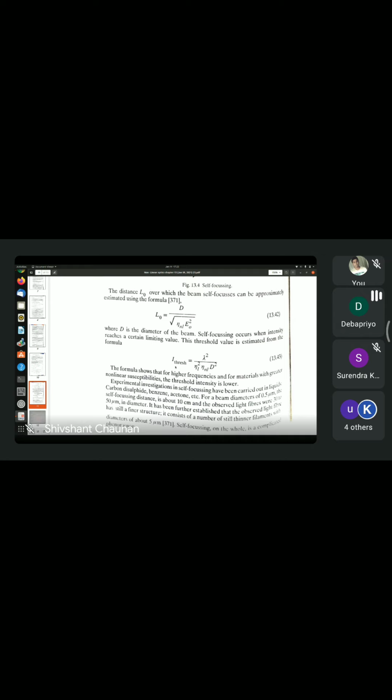If you are really curious about this phenomenon of self-focusing and so on, you can read the details in the book Contemporary Optics by Ghatak and Thyagarajan. They also have a book on lasers, fundamentals and applications, and a more advanced book on optics called Contemporary Optics, where detailed derivations of these expressions for the focal length and threshold of intensity are worked out.